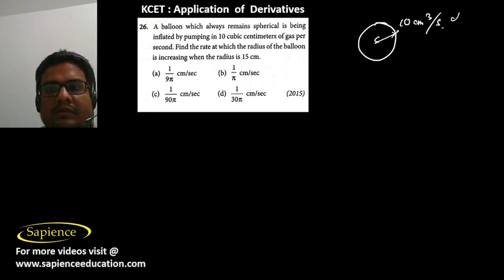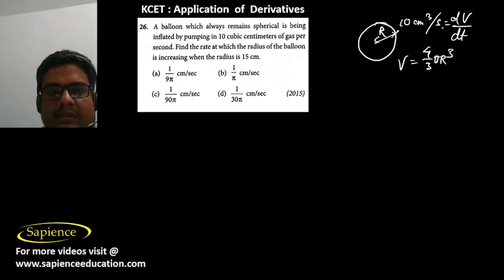So at this rate, the volume is increasing with time. The volume of the spherical balloon is 4 by 3 pi r cube if the radius is r at any instant. Find the rate at which the radius of the balloon is increasing, that is, find dr by dt when the radius is 15 centimeter.